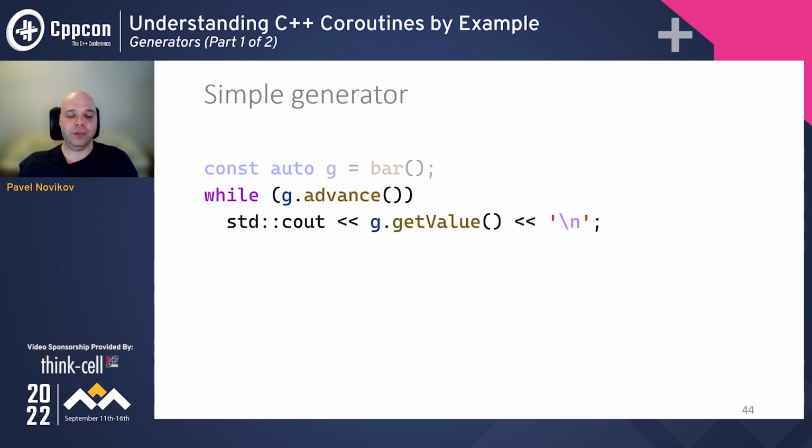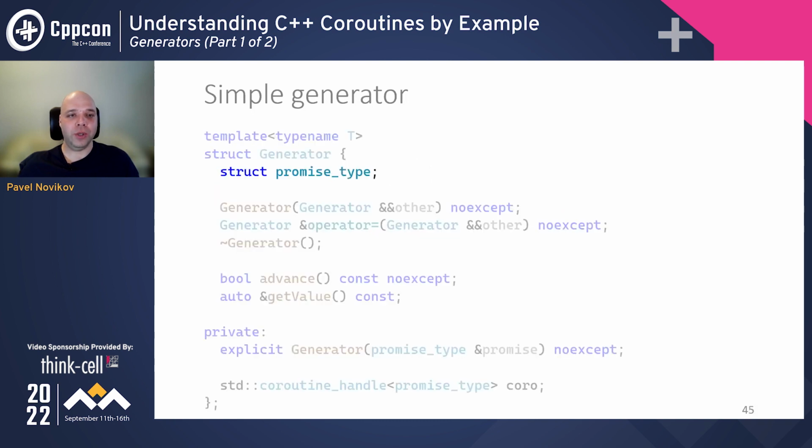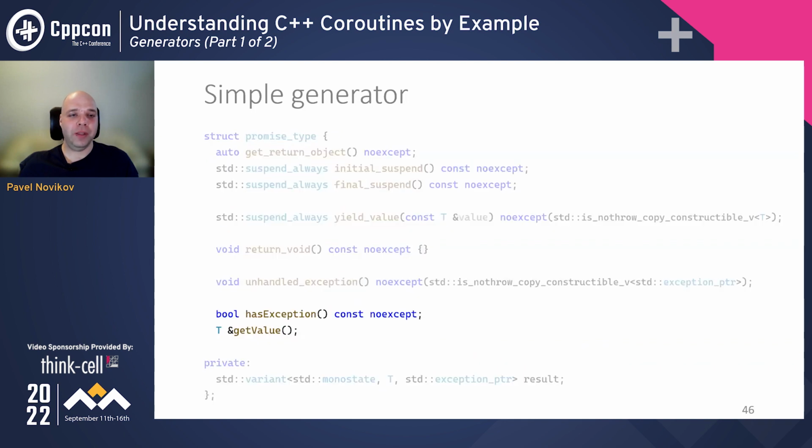If advance returns true, we can call get_value, and if the advance call returns false, it means that the generator has no more values, and we have to back off. So I will quickly run through the implementation here. All the other stuff remains the same.